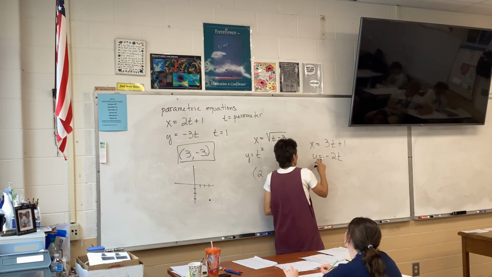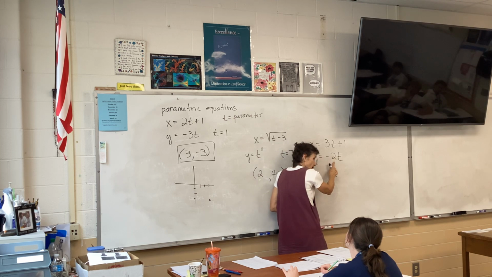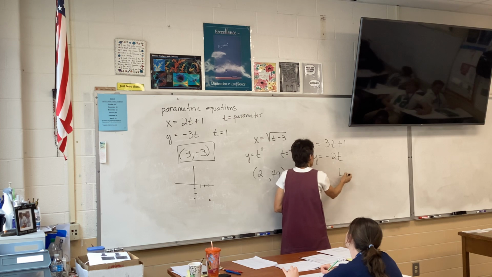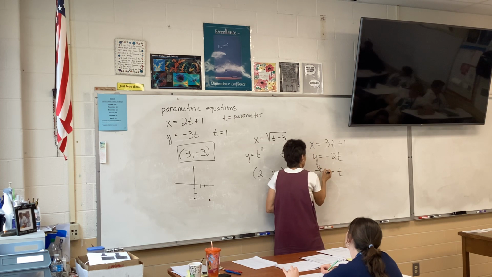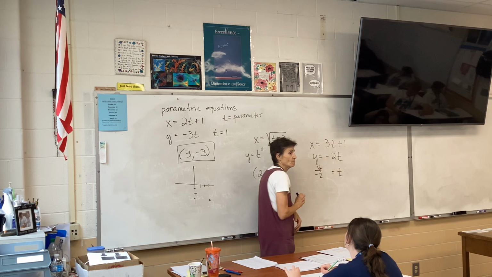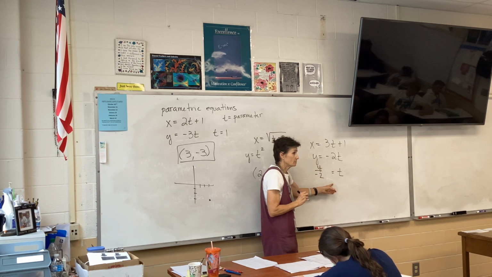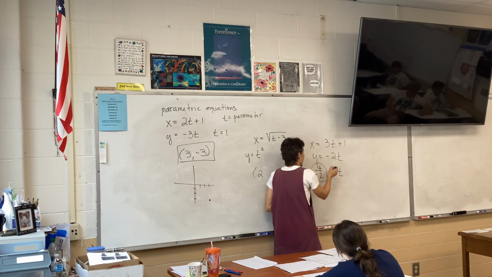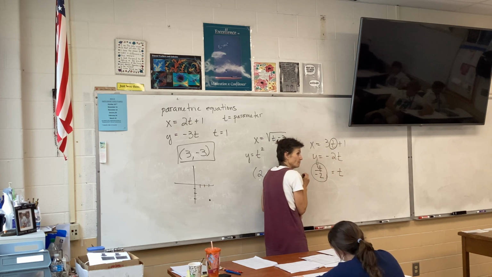We want to somehow put these two equations together by getting rid of the t. So, what if I divided this equation by -2? Is that legal? Then, what if I took this and plugged it in right there?